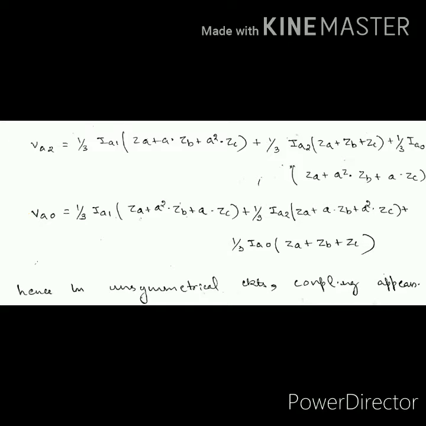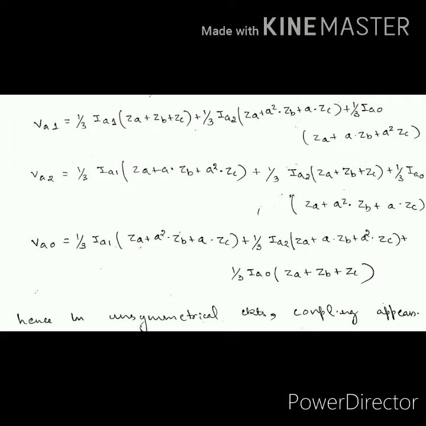Mainly what we have to observe over here is, in the previous symmetrical circuit you have seen that if you have the final equation, say for example VA1 is equal to Z into IA1, both are positive sequence, current and voltage.